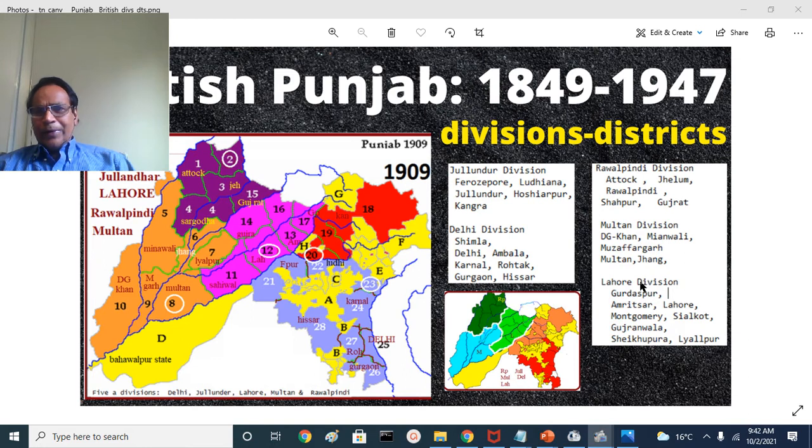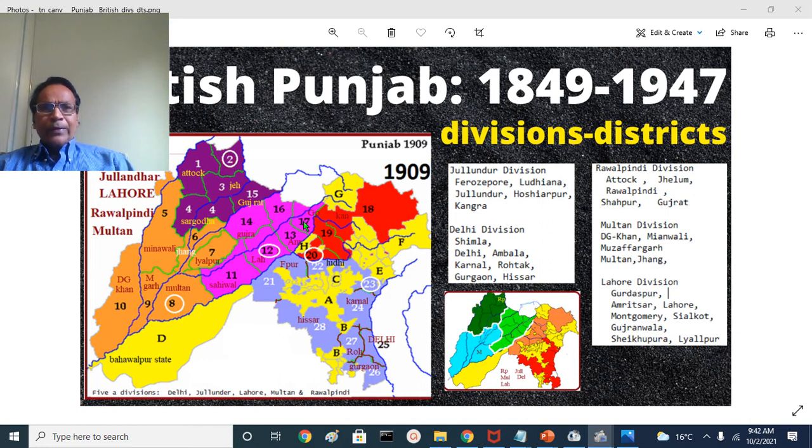That's a very important division, Lahore division. Here the Lahore division has Gurdaspur, Amritsar, Lahore district, Montgomery district, Sialkot district, Gujranwala district, Sheikhupura district, Lyallpur district. So Gurdaspur district, that's Pathankot, Gurdaspur, Batala. Then Amritsar district, Amritsar, Tarn Taran and so on.